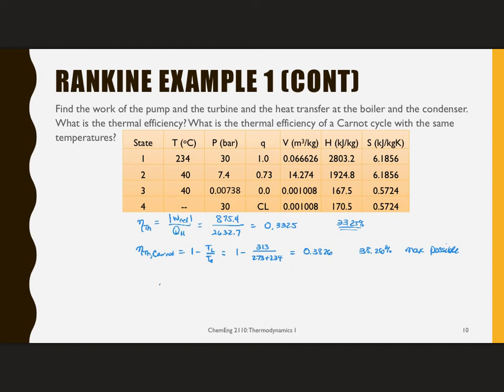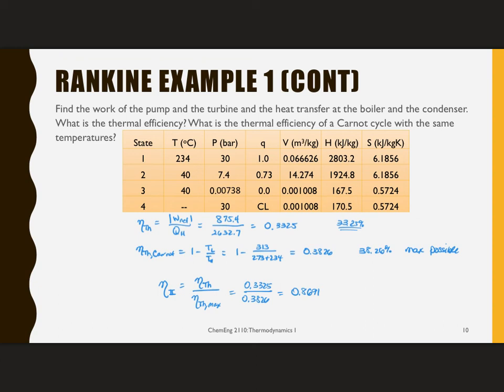Now, one thing that's done a lot these days is to do a second law efficiency. Now, a second law efficiency I designate with a Roman numeral 2 as the subscript. And all this is the actual thermal efficiency divided by the maximum that you could have gotten. So 0.3325 over 0.3826. And so this is 0.8691.